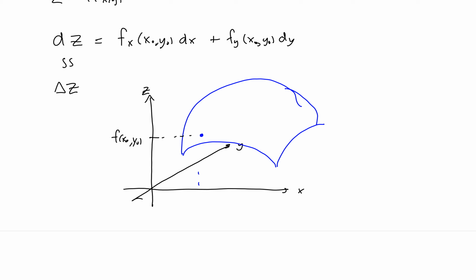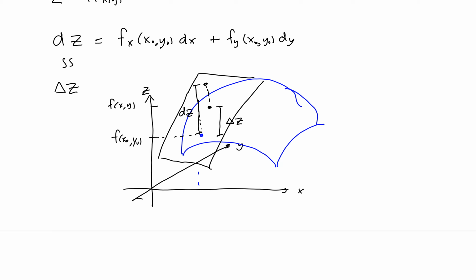This is the value we know, and then the value we're interested in is here, say f of x, y. Then the distance between these two is delta z, that's the exact value. And then if I were to draw the tangent plane here, the difference between this and whatever this value up in the tangent plane is, that distance is dz.